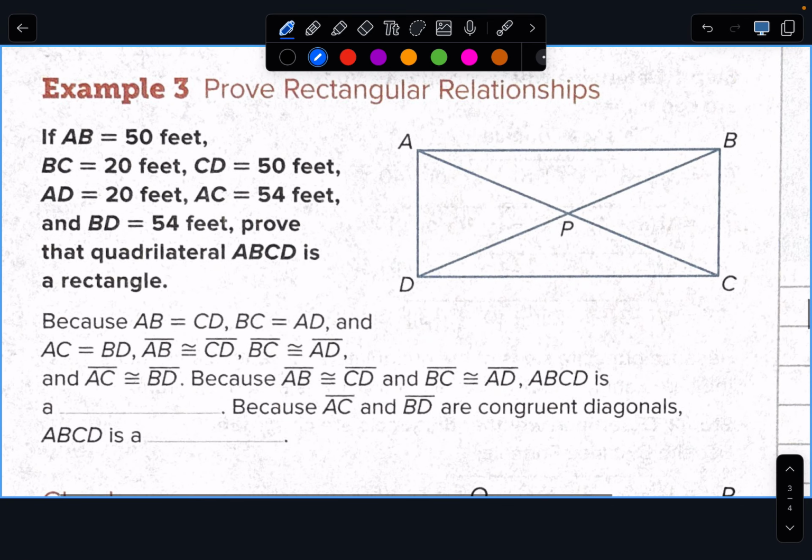Okay. In example 3, AB is marked as 50 feet. BC is marked as 20. AD is 20.